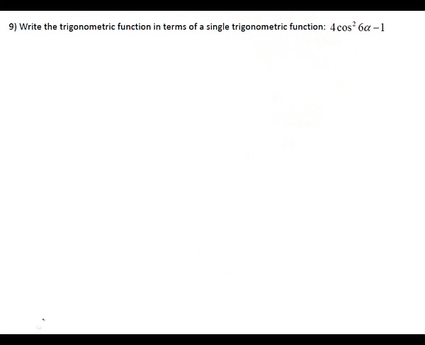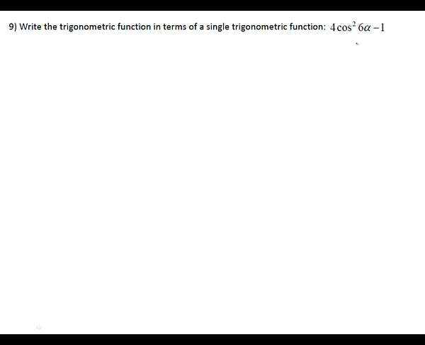Alright, we're more than halfway there. We're supposed to write as a single trigonometric function. Oh, she used power reducing again. Alright. Let's see what we can do. Factoring isn't going to do it for me, I don't think.